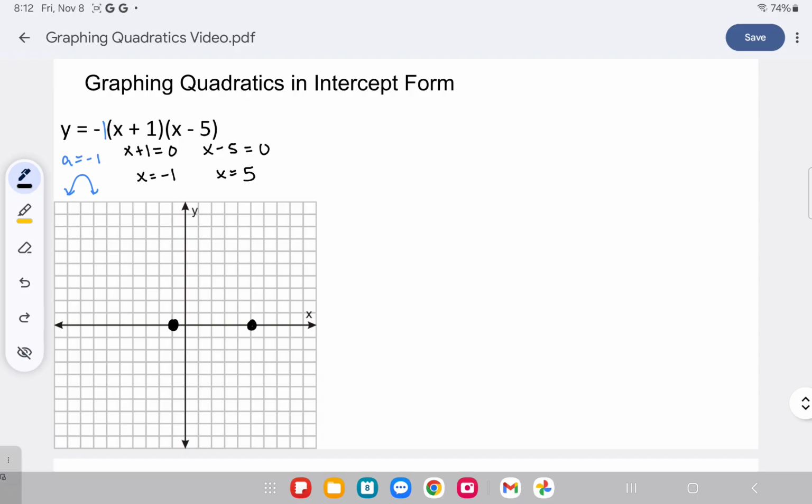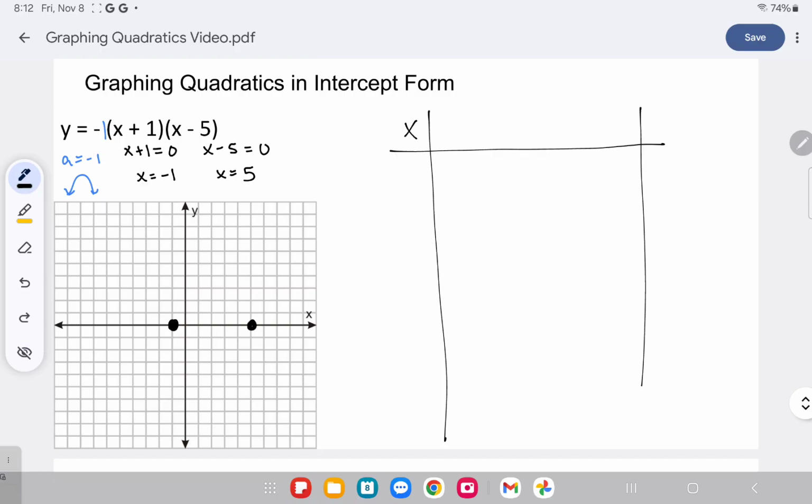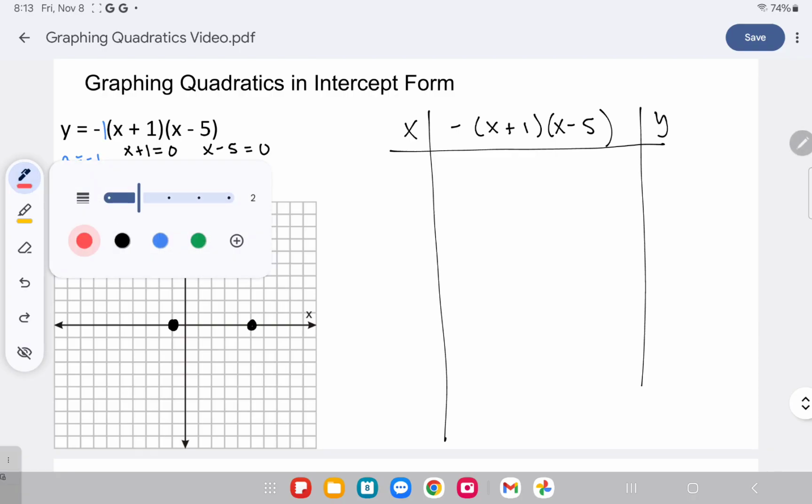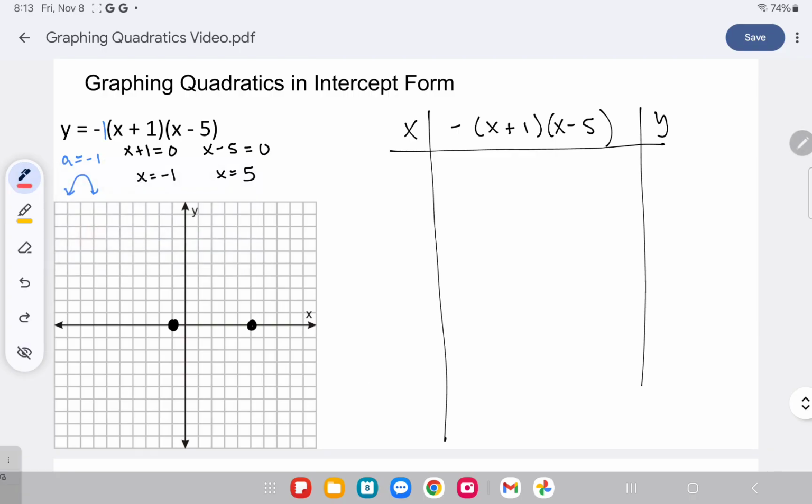From here, we're going to find our axis of symmetry, because I think the axis of symmetry is a really important part of our graph. It's what we reflect everything over. And so because we know the axis of symmetry cuts our graph in half, and these points are going to be mirrors of each other, then our axis of symmetry needs to be right in between the 2 points that we have, our 2 x-intercepts.